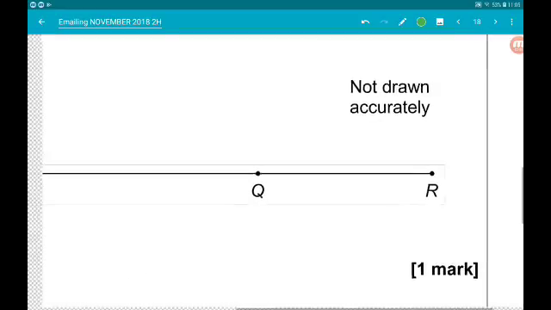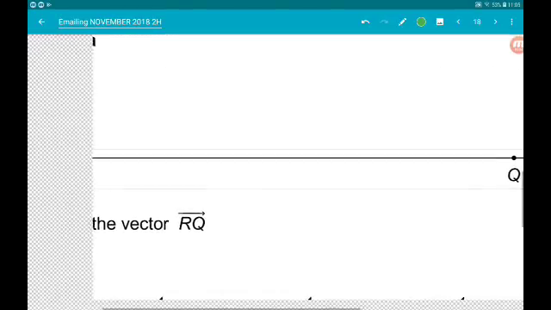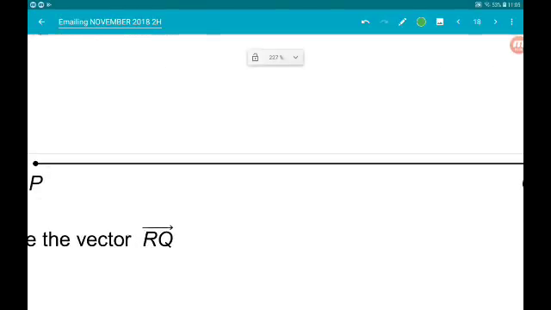So, we know that P to Q is just little a.